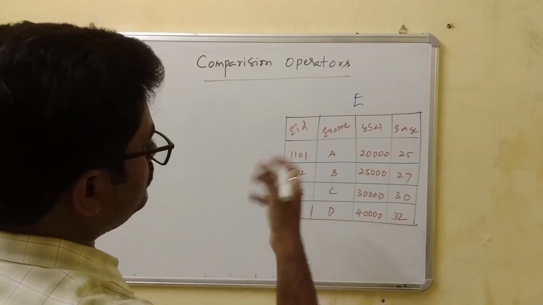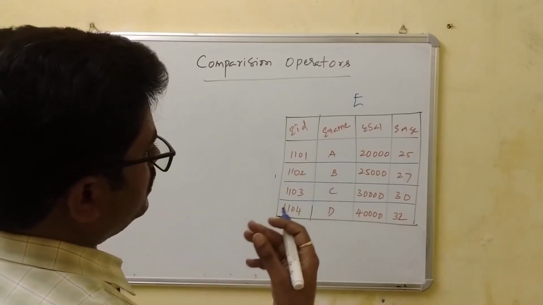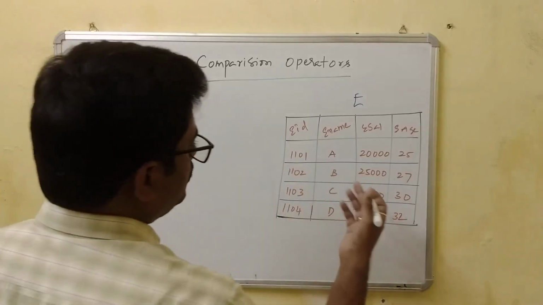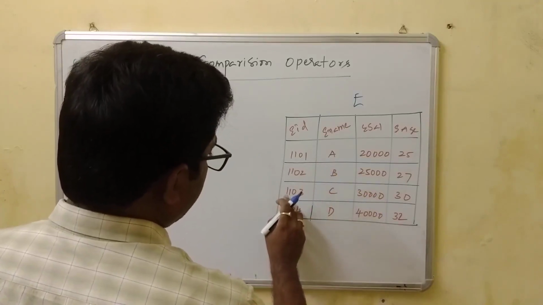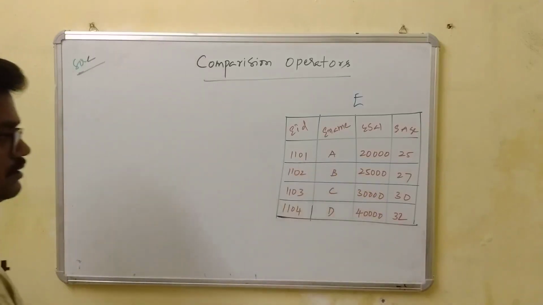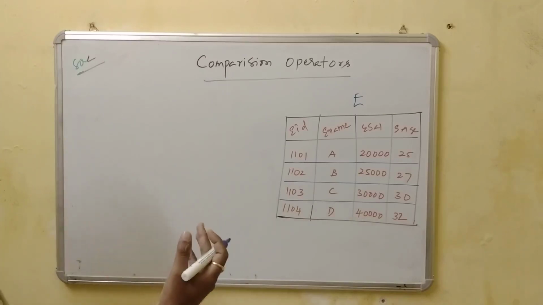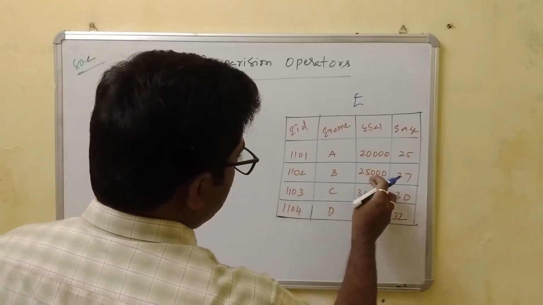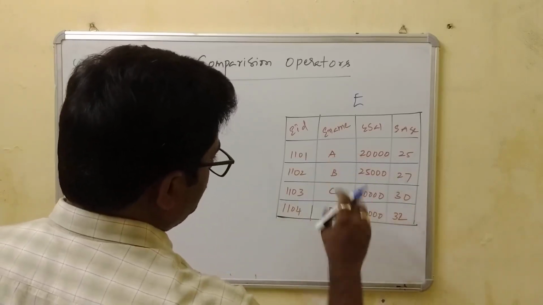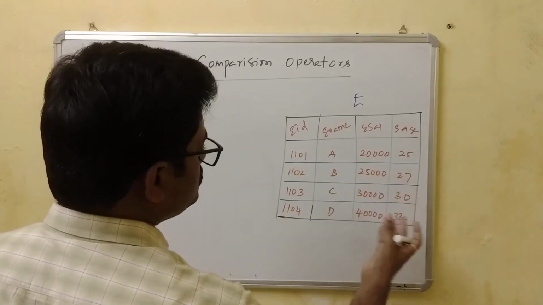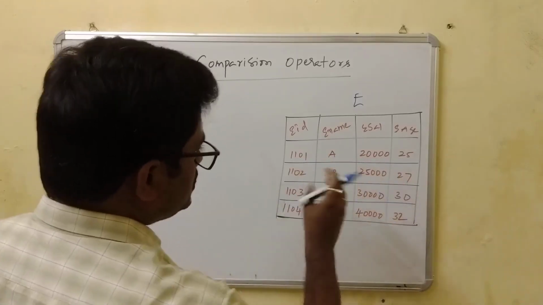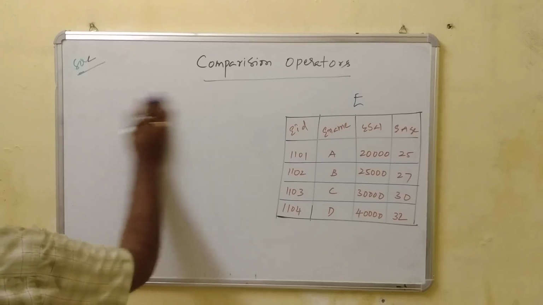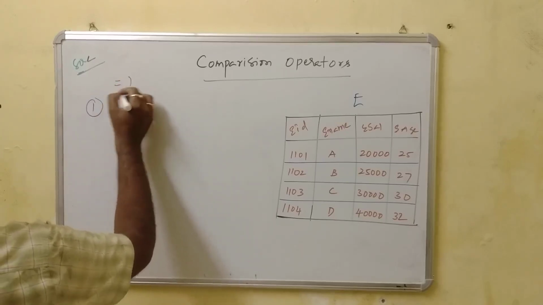For example, if you want to find the salary of the employee whose employee ID is 1103, or if you want to identify the name of the employee whose salary is 25,000, or the age of the employee whose name is C. Such specific conditions, we can get the data exactly. So first of all we can work on the equal to operator.